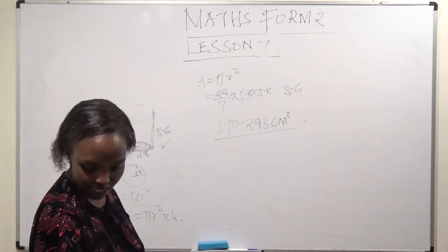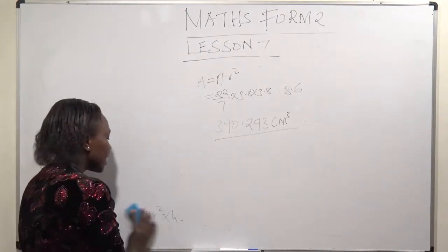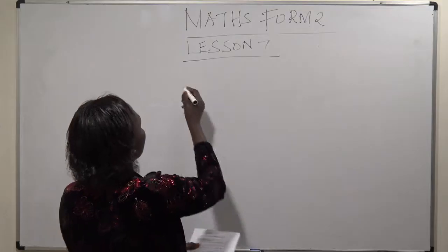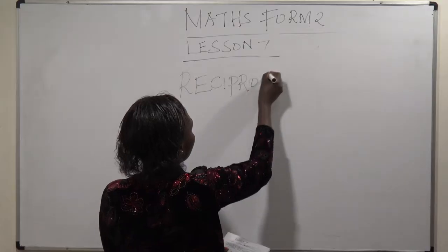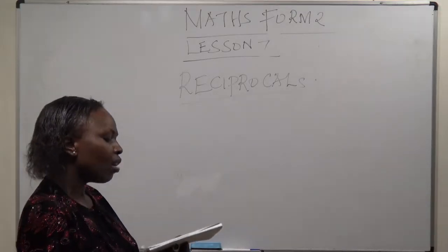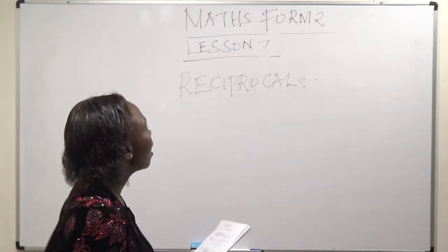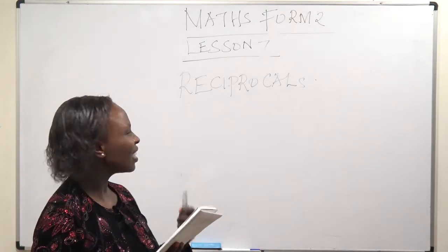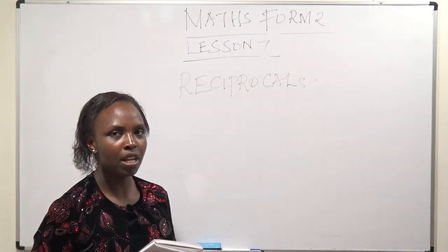For today's lesson, we are going to look at what we call reciprocals. That is our lesson for today. Now, what is a reciprocal? The reciprocal of a number. I know you've come across such a term, and it's important to note that if you take the reciprocal of a number and multiply it by that number, whatever you get is supposed to be equal to 1.